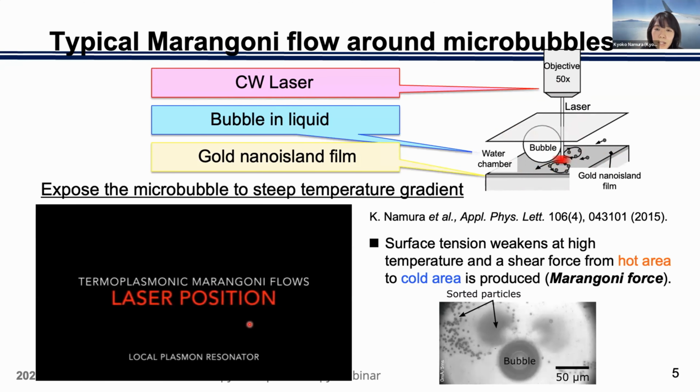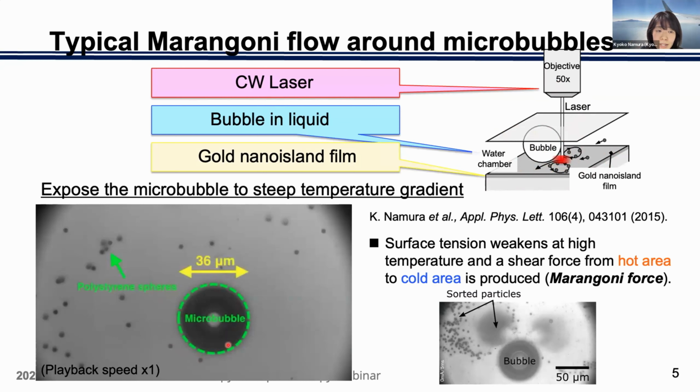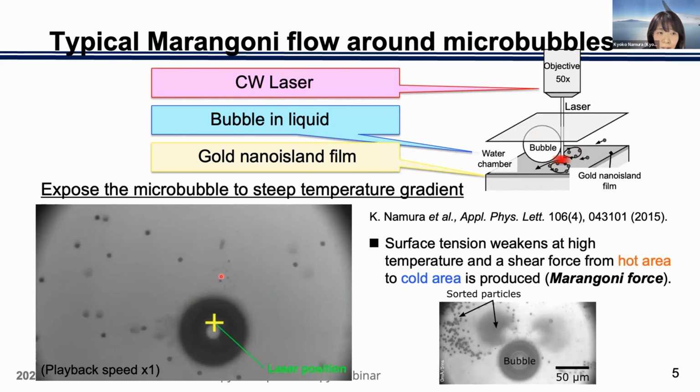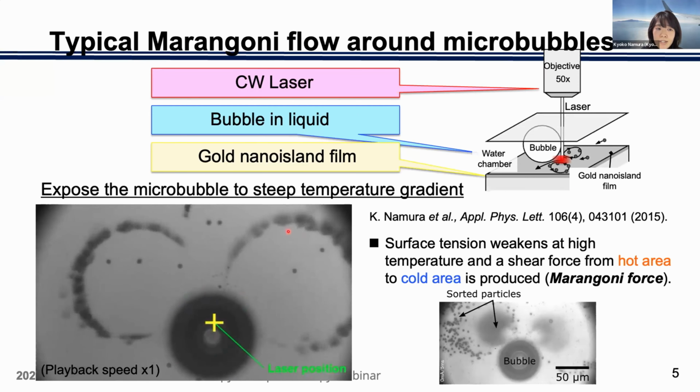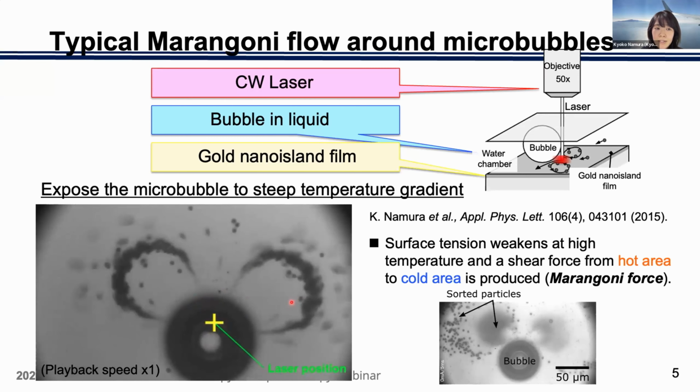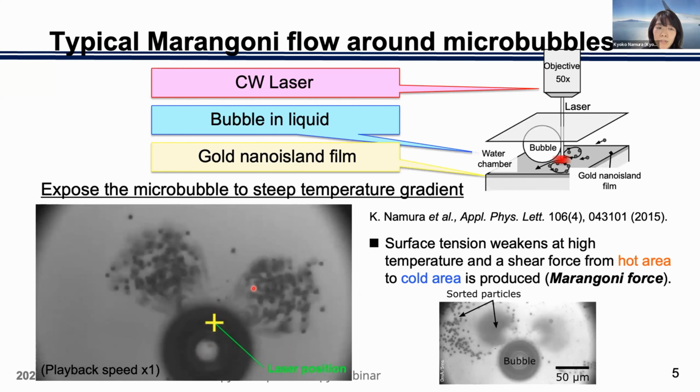Here is the movie of this bubble and flow. This is the bubble created on the photothermal thin film. You are looking at the surface of the film, and these small black dots are polystyrene spheres added to visualize the flow. You can see this very interesting and rapid flow around the bubble.